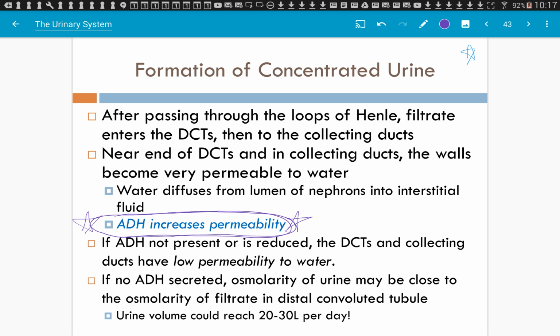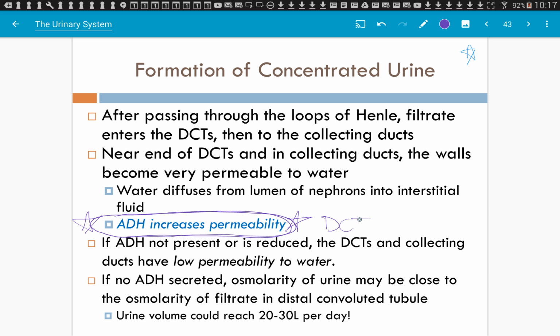If antidiuretic hormone increases the permeability in the distal convoluted tubule, that means more water can leave the distal convoluted tubule and re-enter the bloodstream. That helps you conserve more water than you normally would. So that is one direct effect of the antidiuretic hormone on the distal convoluted tubule.